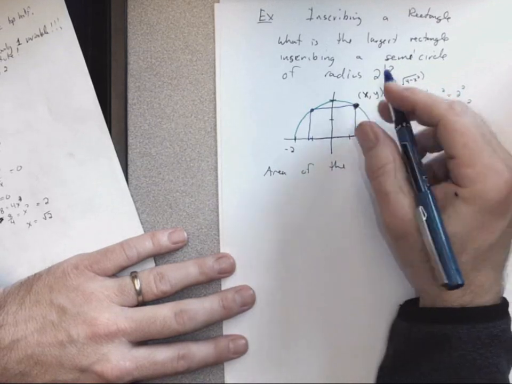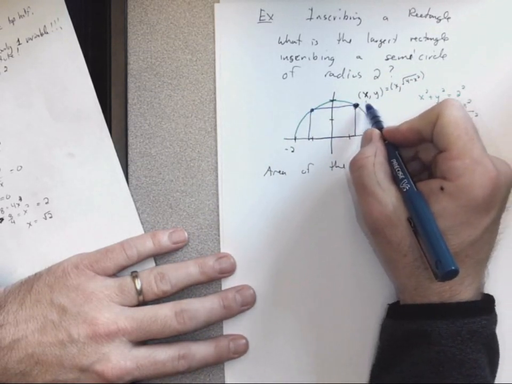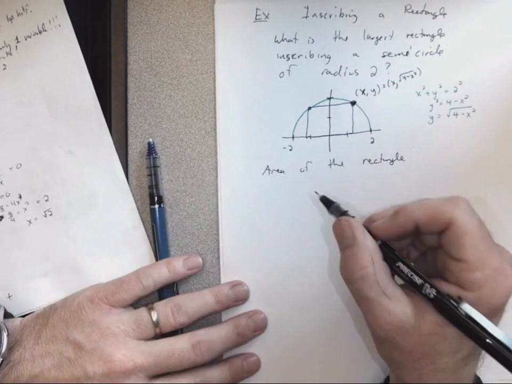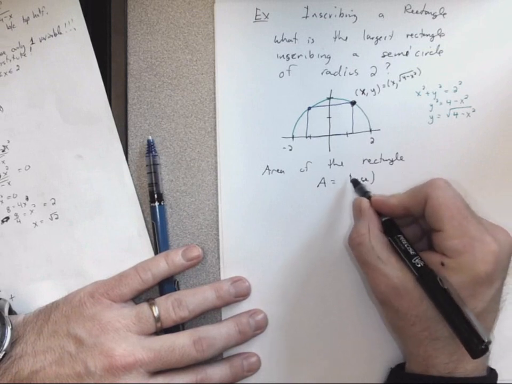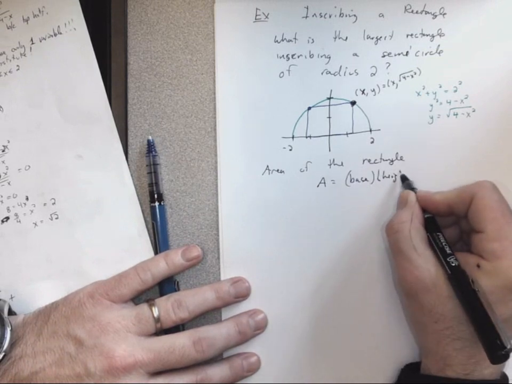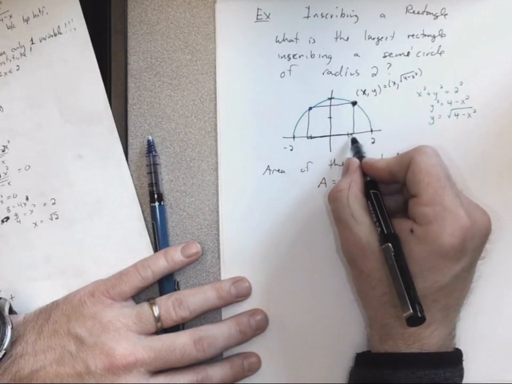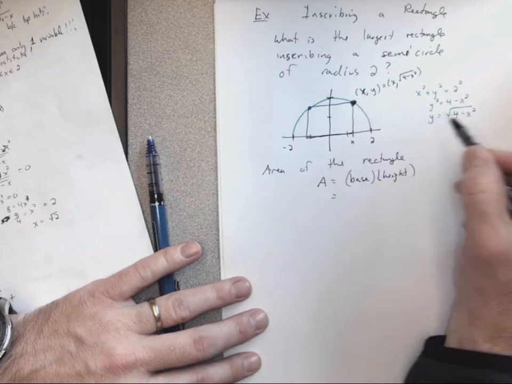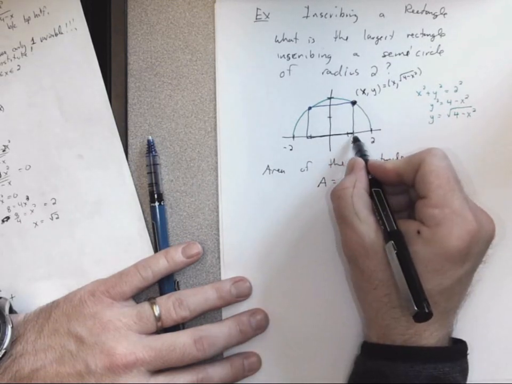This rectangle is tied to this point, so I know that this distance right here is x.